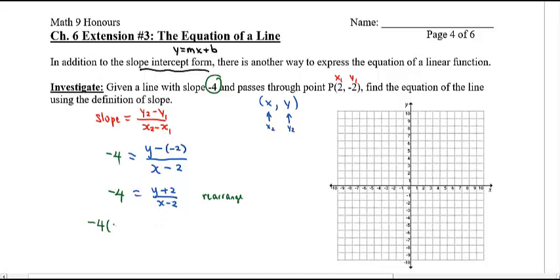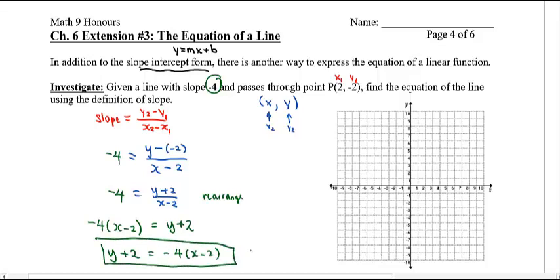So -4 times x minus 2 in a bracket, and that equals y plus 2. And sometimes people will reverse this around, put the y value part on the left, and then the x value part on the right. But this, friends, is what we have as another form of an equation of a line. This is also an equation of the line.